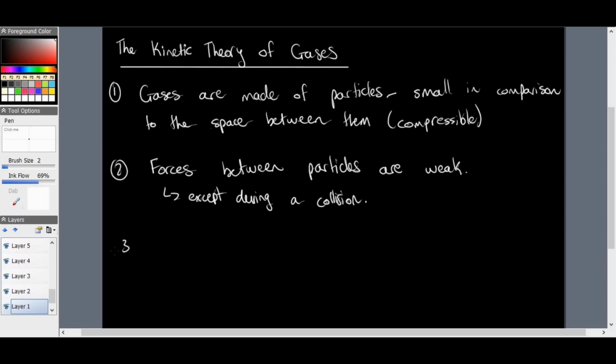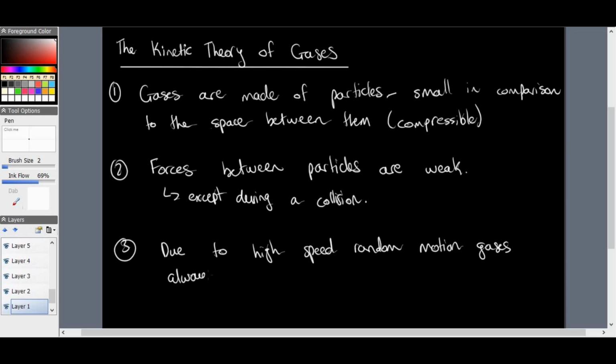So we can summarize that due to high-speed random motion, gases always fill the entire container in which they are placed.